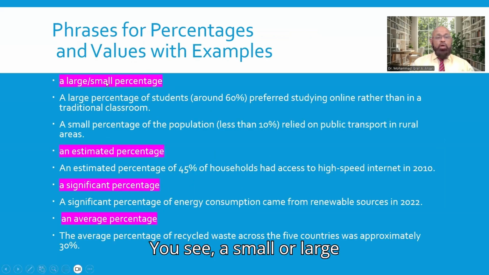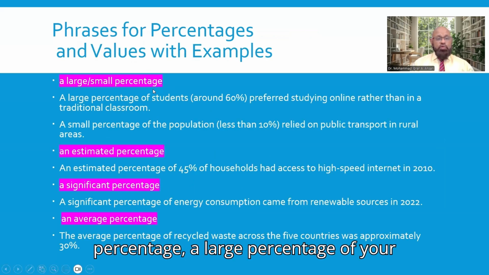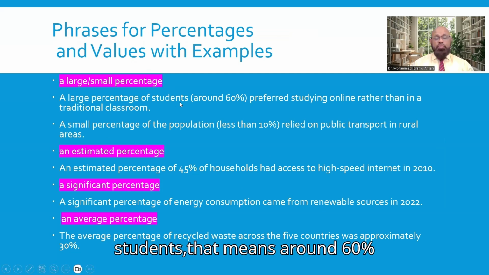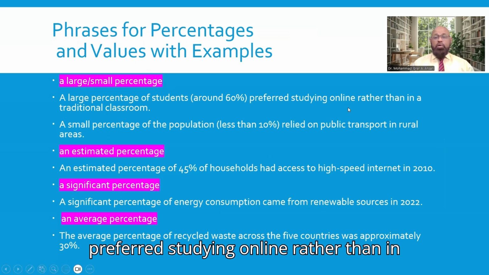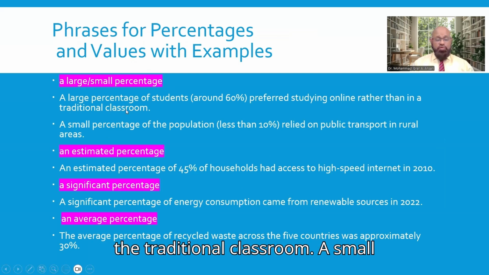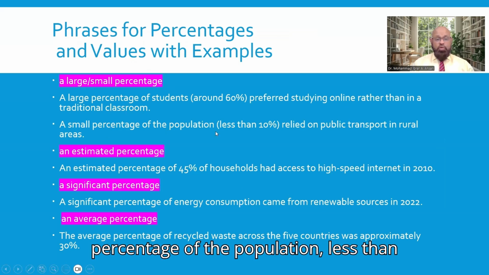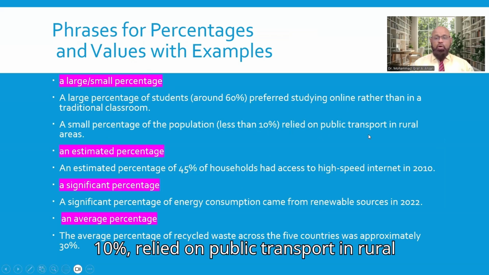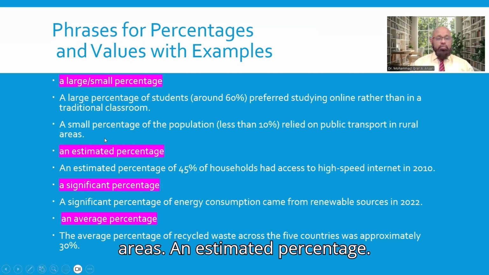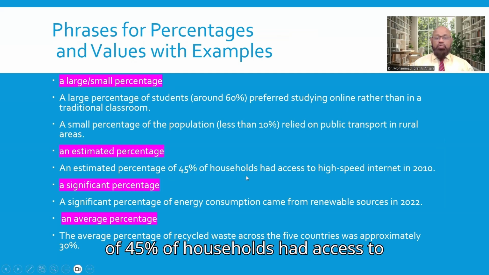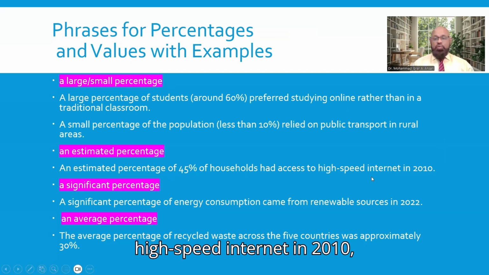You see, a small or large percentage. A large percentage of students, that means around 60%, prefer studying online rather than in a traditional classroom. A small percentage of the population, less than 10%, relied on public transport in rural areas. An estimated percentage of 45% of households had access to high-speed internet in 2010.